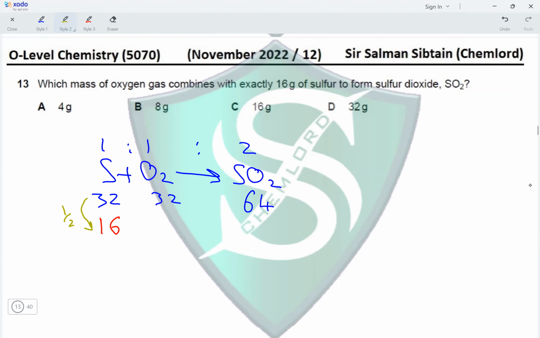So in the ratio 1 to 1, oxygen should also be 16, and in the ratio 1 to 2, the SO2 should be 16 times 2, which is 32 grams. So what have they asked? They have asked for the mass of oxygen. So the mass of oxygen here is 16, making option C the correct option for this question.